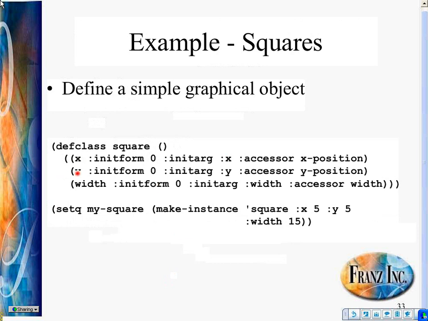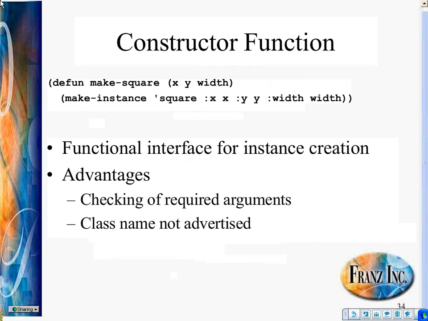Finally, we defined the class square with the slots x and y, and width, and the init forms, and the init args, and the accessors. And so here we're creating an instance of my square. Actually, this slide's out of order. It should have been like 3 slides ago, because we've been looking at the instance my square.